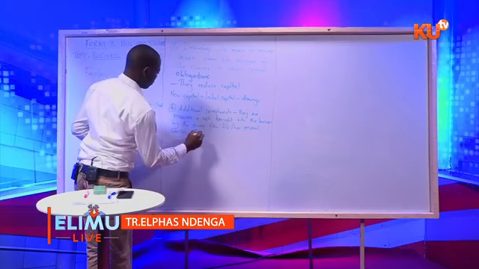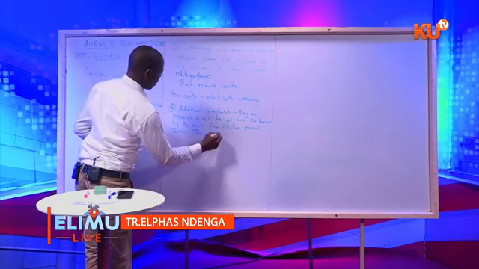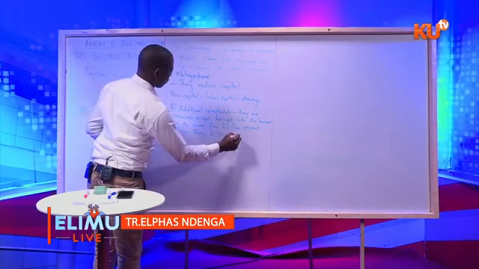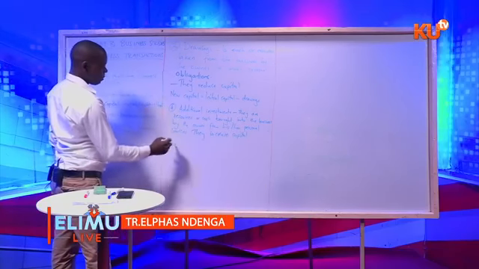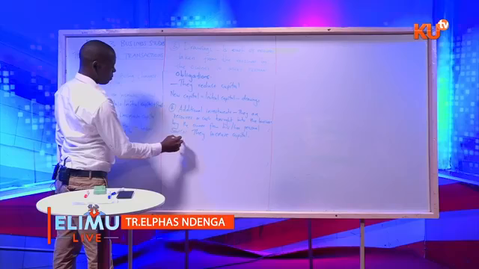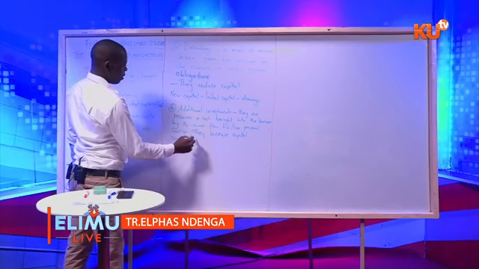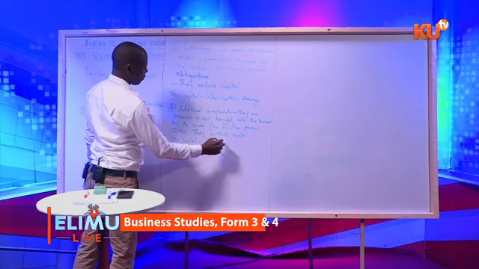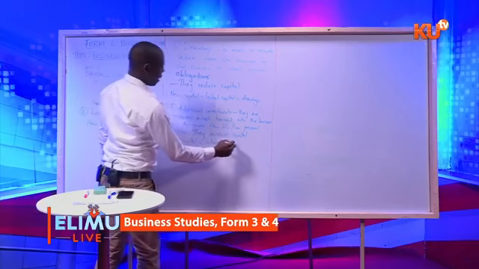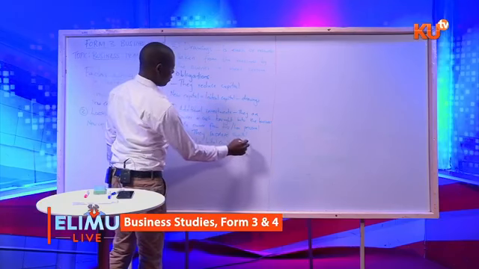So they increase capital. Again, students, how do we then attain the new capital? The new capital will be, we take the initial capital, we add additional investment.